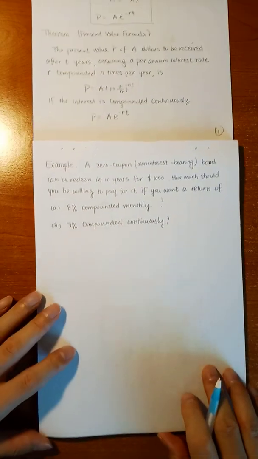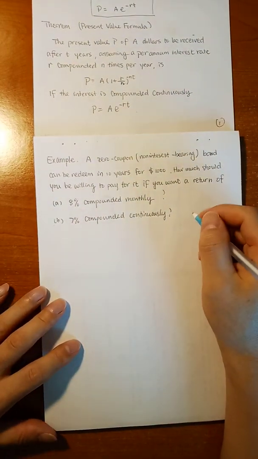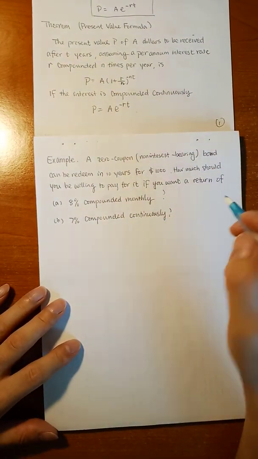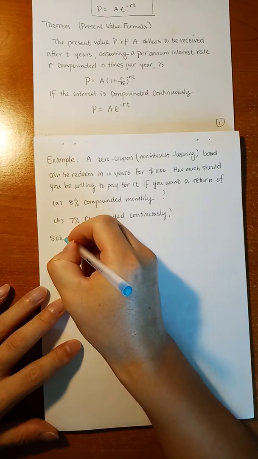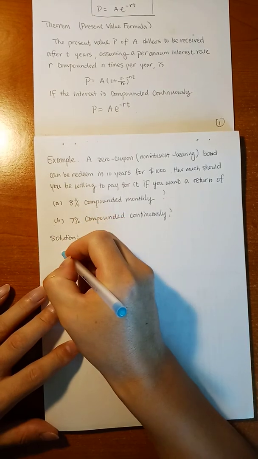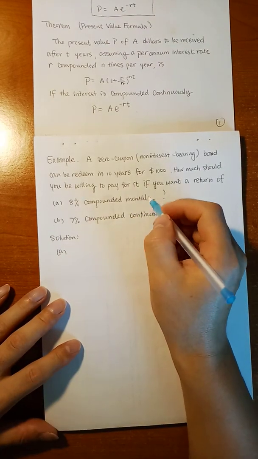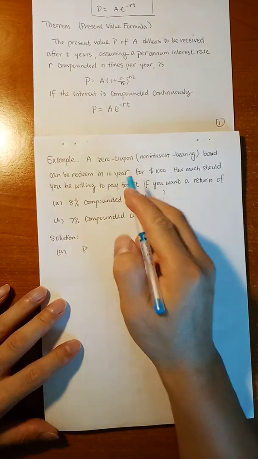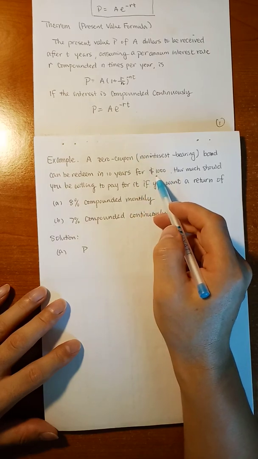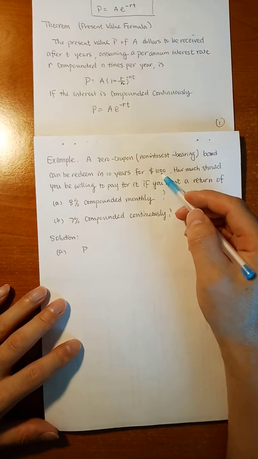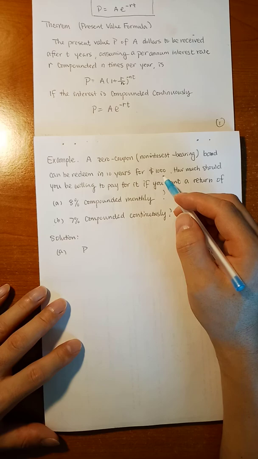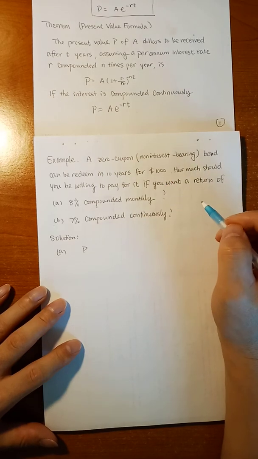Okay, there are two interest rates. If we have 8% compounded monthly, so this $1,000 is a value after 10 years, so it's a future value. You expect $1,000 as a return.